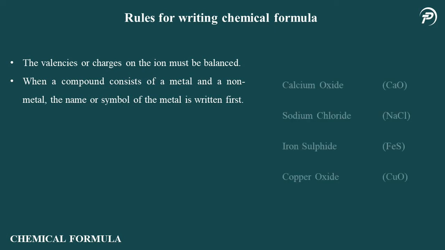For example, calcium oxide CaO, sodium chloride NaCl, iron sulfide FeS, copper oxide CuO, etc., where oxygen, chlorine, sulfur are non-metals and are written in the end, whereas calcium, sodium, iron and copper are metals and are written in the beginning.